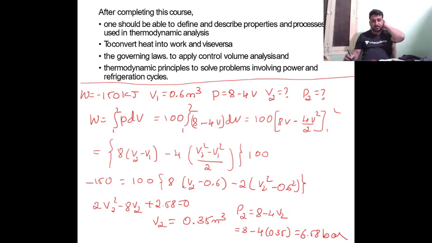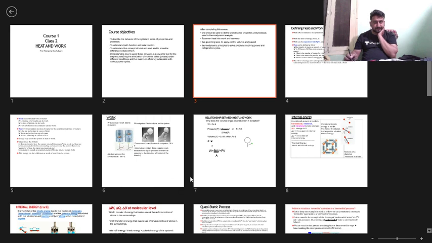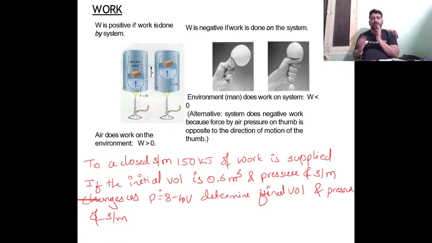I'll just show you the question one more time. To a closed system, 150 kilojoules of work is supplied. If the initial volume is 0.6 meter cube and pressure of the system changes as P equal to 8 minus 4V, determine the final volume and pressure of the system. What is the final volume of the system and what is the final pressure of the system?